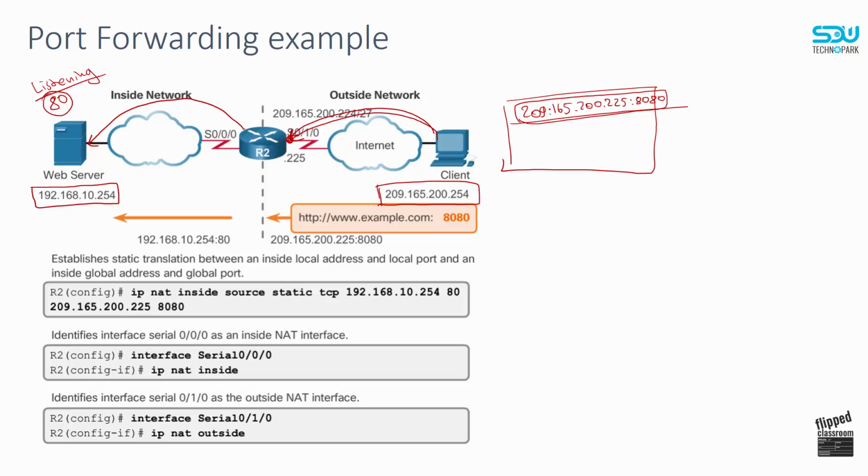And by using this socket, our router can make a retranslation to IP address 192.168.10.254 to port number 80, which is the listening port.